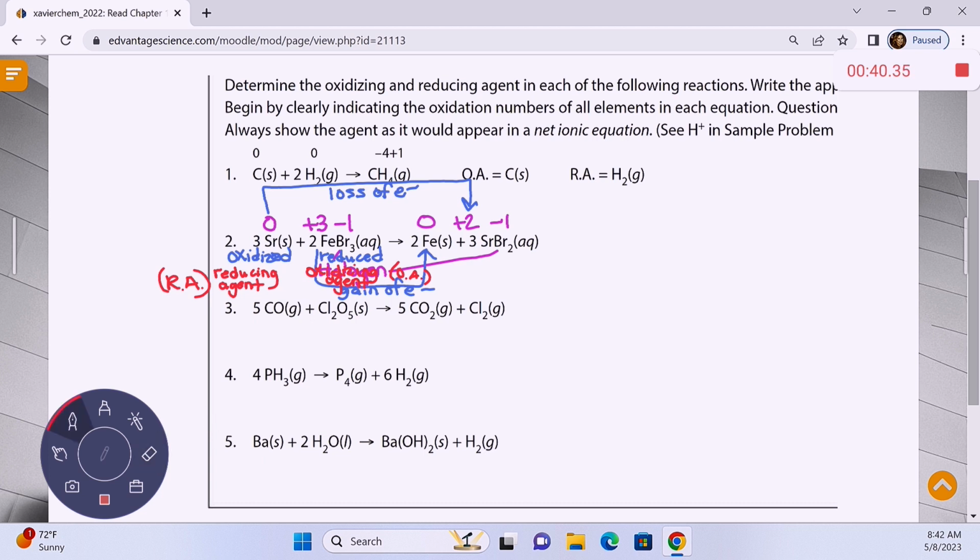So P4, right? Yes, elemental phosphorus.